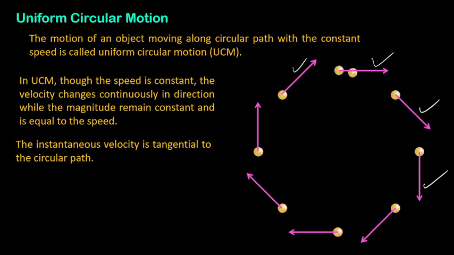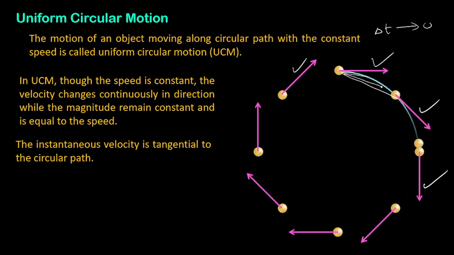But when we consider instantaneous velocity, the displacement will be very small because the time intervals considered are very small for calculating the instantaneous velocity. Time interval approaches 0. So as the time interval approaches 0, the displacement will almost merge with the tangent to the circle.